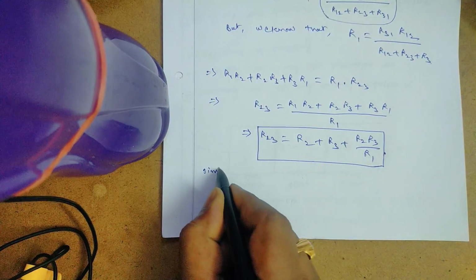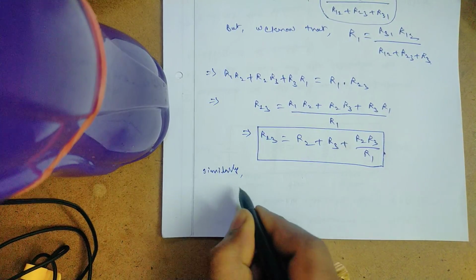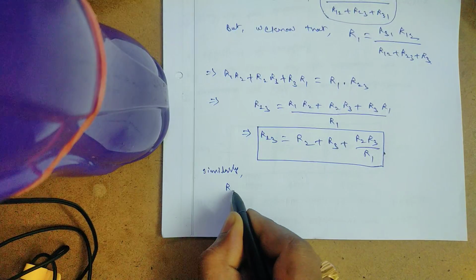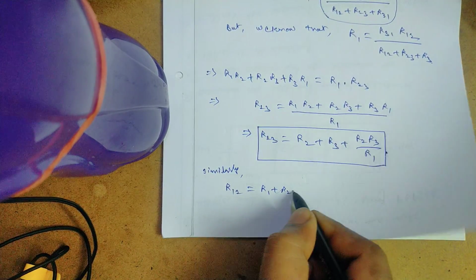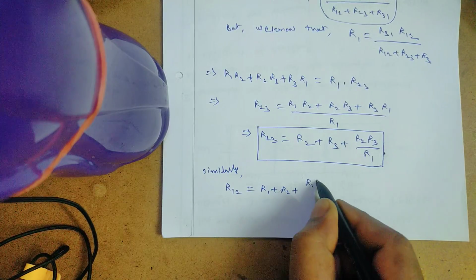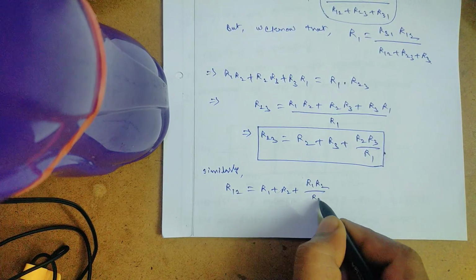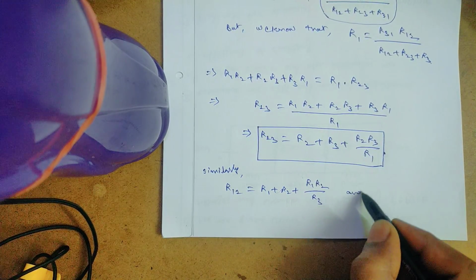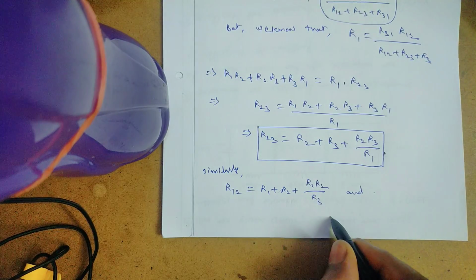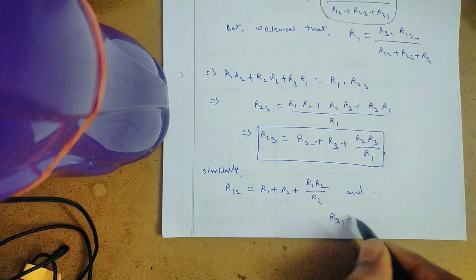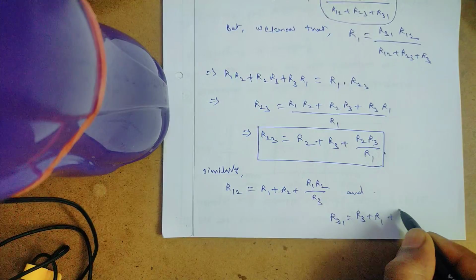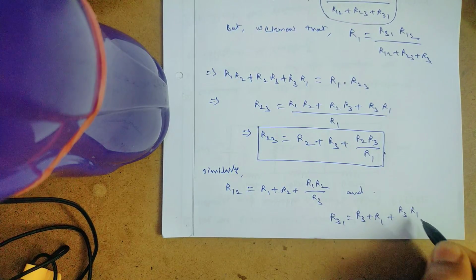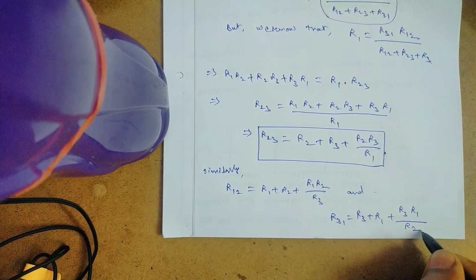Similarly, R12 is equal to R1 plus R2 plus R1 R2 by R3, and R31 is equal to R3 plus R1 plus R3 R1 by R2.